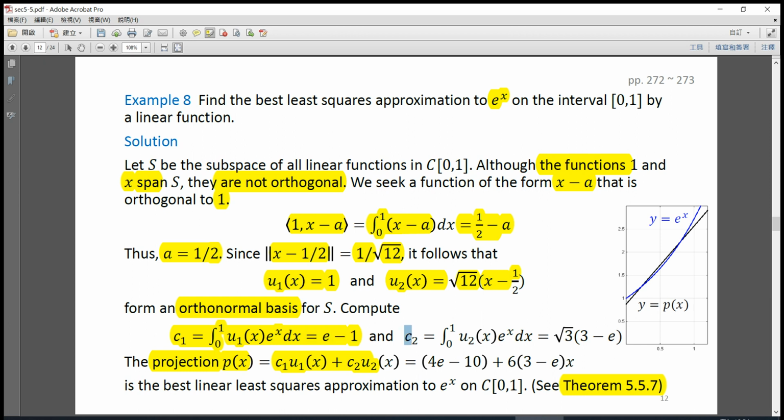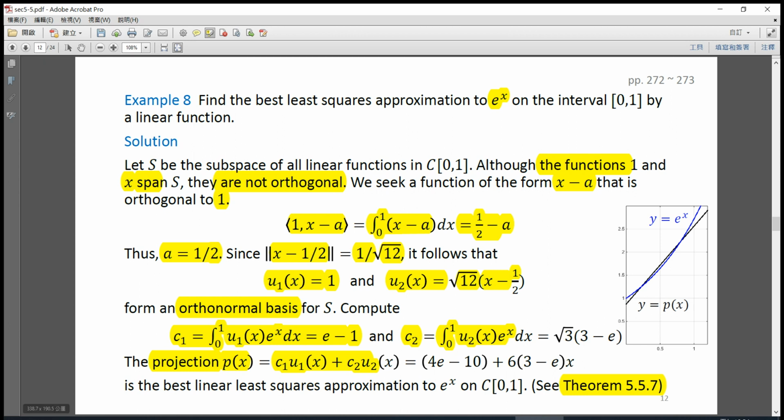And c2 is the coefficient, which equals the inner product of u2 and the natural exponential, which equals the integration of u2 times the natural exponential from 0 to 1. Once we obtain c1 and c2, we have the projection p of x.